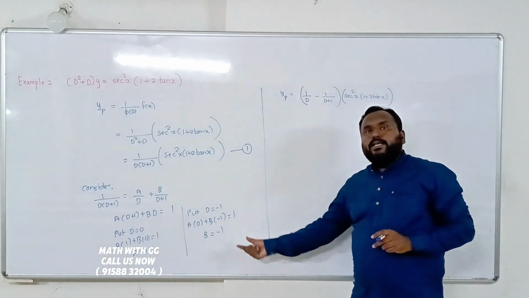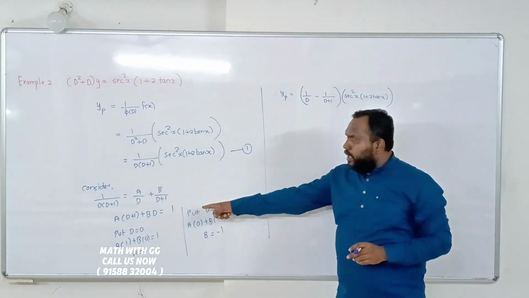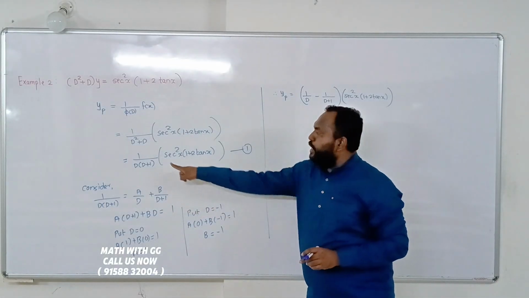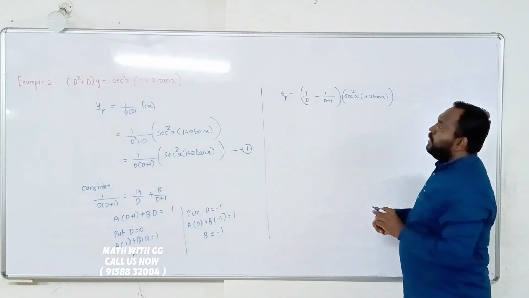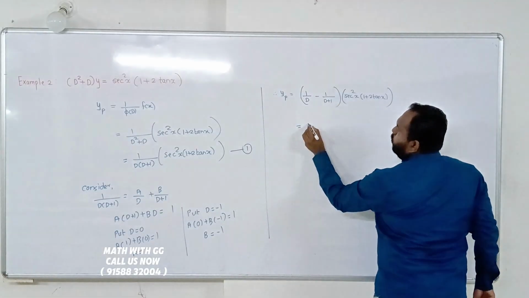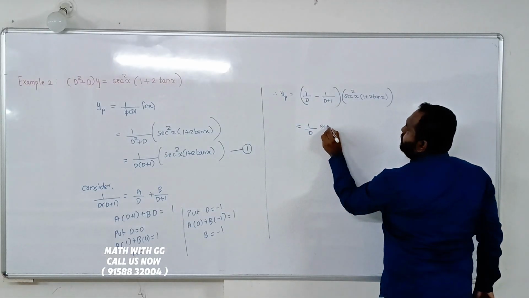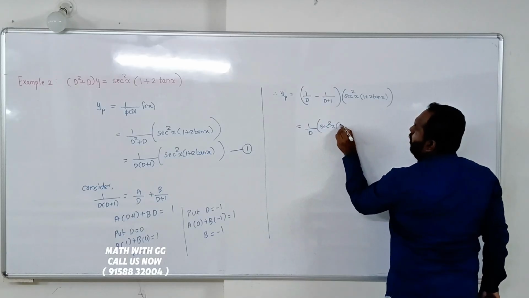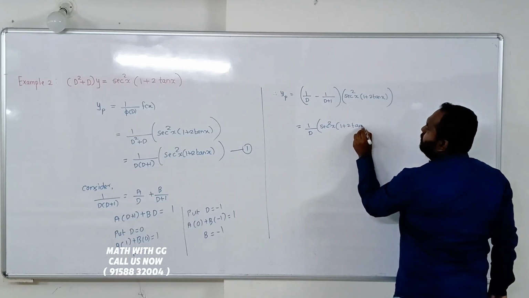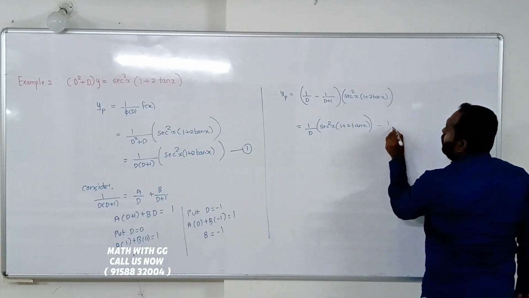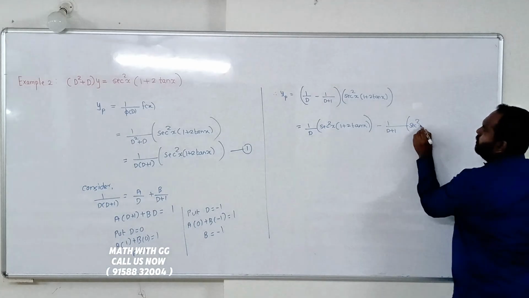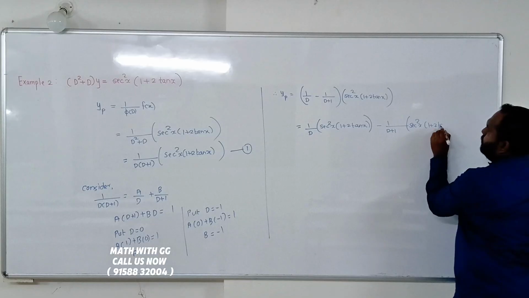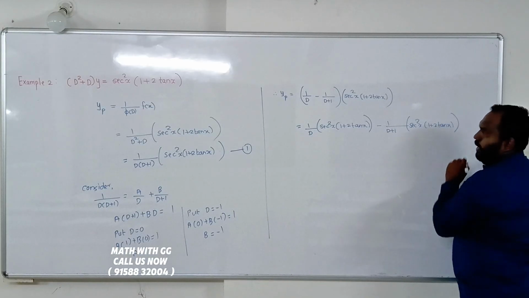So, we have simply substituted the values of A and B and back substituted in equation number 1. Now, multiply the term to both. So, 1 upon D sec square x into (1 plus 2 tan x) minus 1 upon (D plus 1) sec square x into (1 plus 2 tan x).